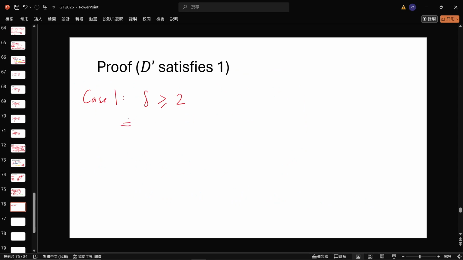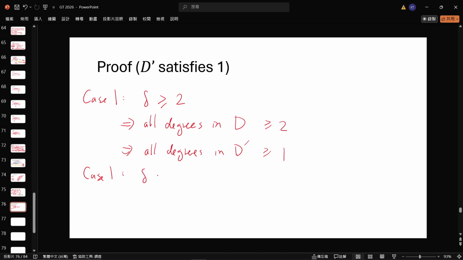So if delta is at least 2, this means all degrees in the original degree sequence are at least 2. And because we at most minus 1, all degrees in the new degree sequence are at least 1. All right, so this is case 1.